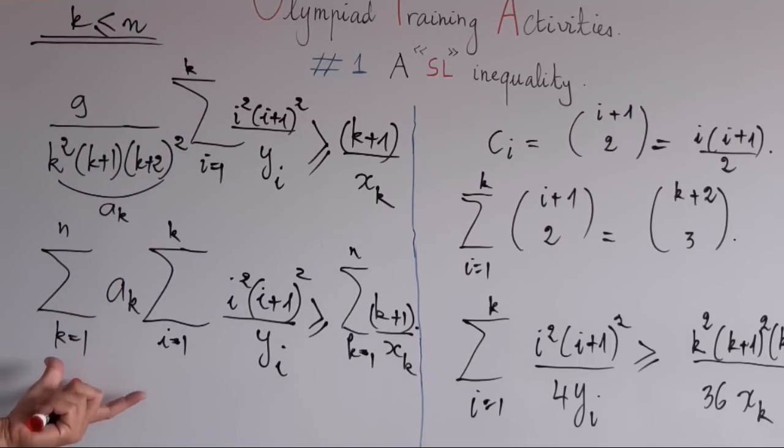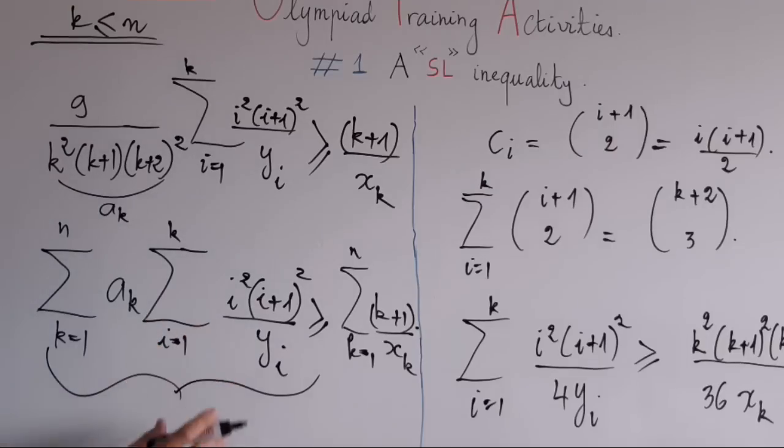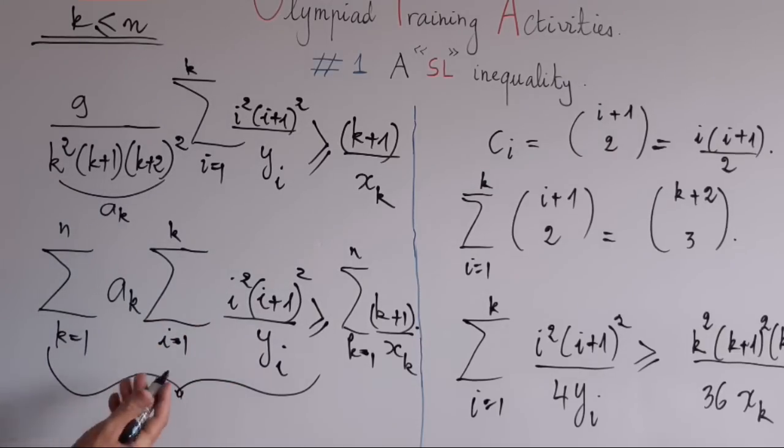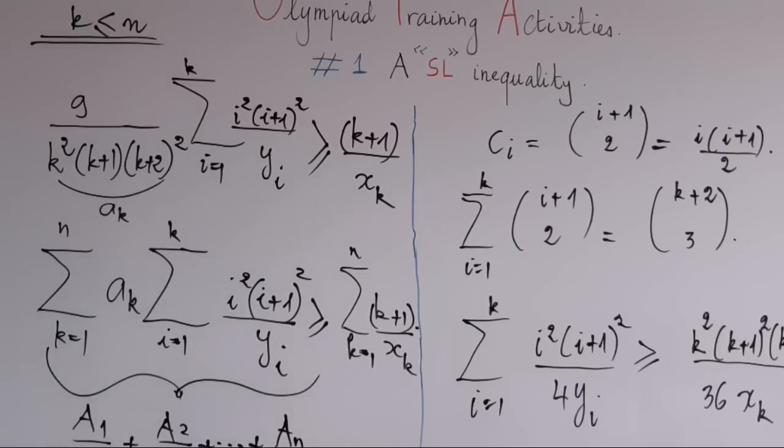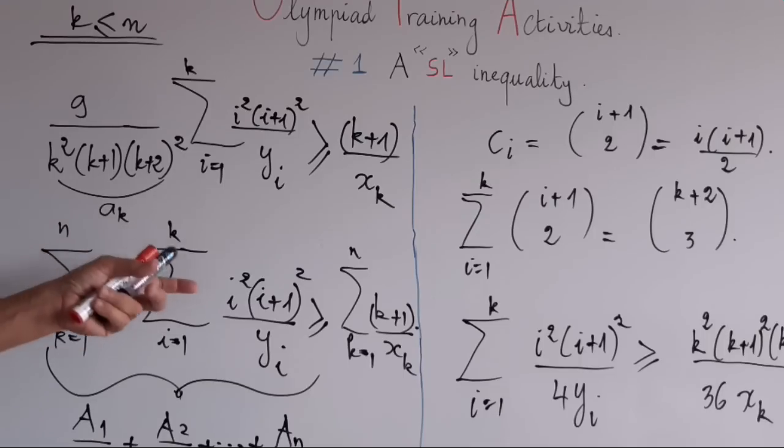Now we want to express this in the following expression, say a1 over y1 plus a2 over y2 and so on, plus a sub n over y sub n. To do this, we have to use a switch formula which allows one to change the order of summation.